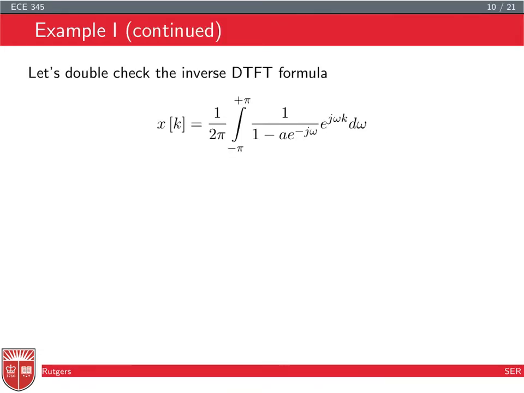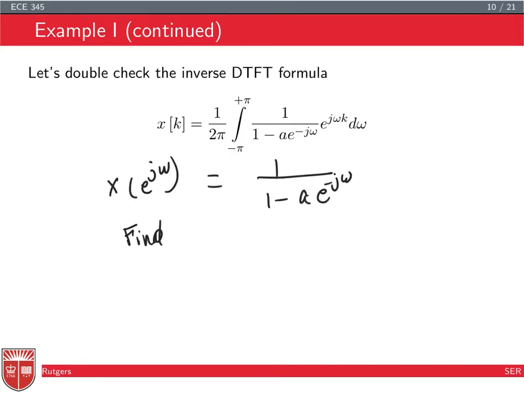Now let's double check that the inverse formula of the DTFT works. So let's suppose the problem was this. Given a signal with the following DTFT, X(e^{jω}) is equal to 1 divided by 1 minus a e^{-jω}, find x(n), or x(k) here I call it. It doesn't matter.